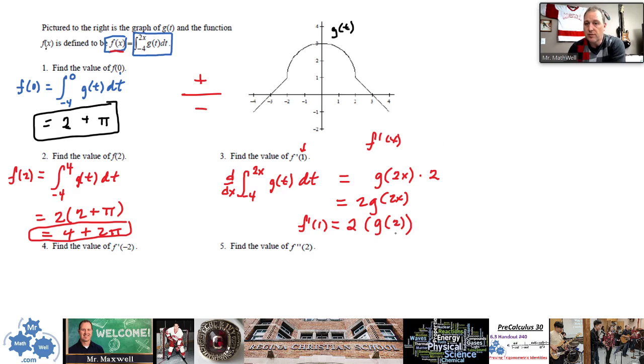So to find g of 2, we simply look at the graph here, because this graph is g of t. So g of 2, well, here's 2. And what is the value of the graph there? The value of the graph is 1. So g evaluated at 2 is equal to 1. So this is 2 times 1, or 2.